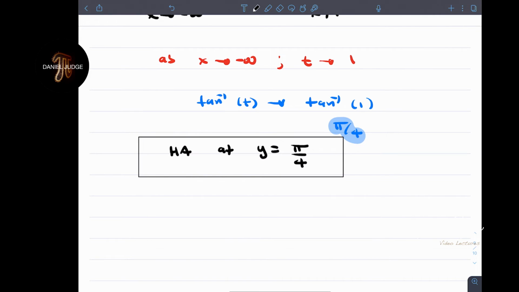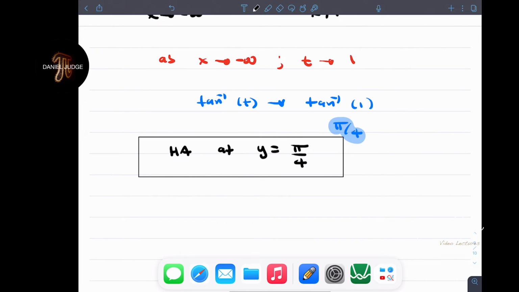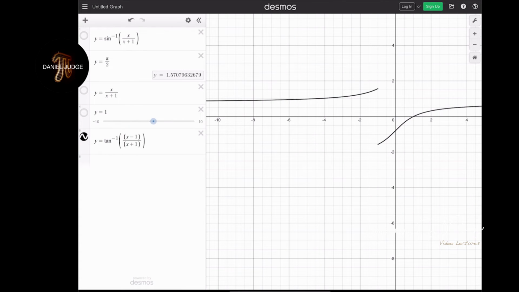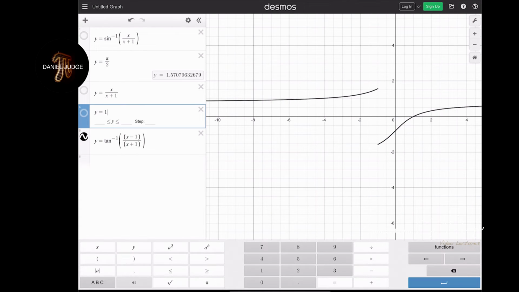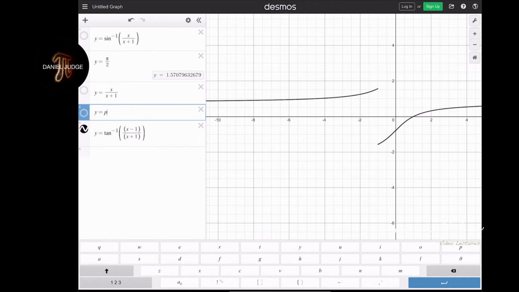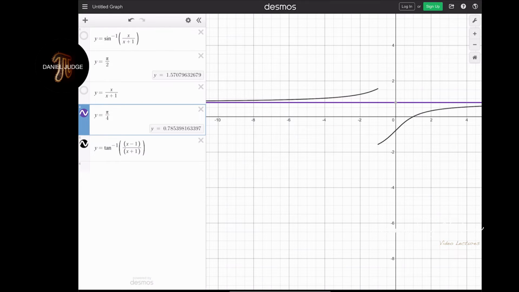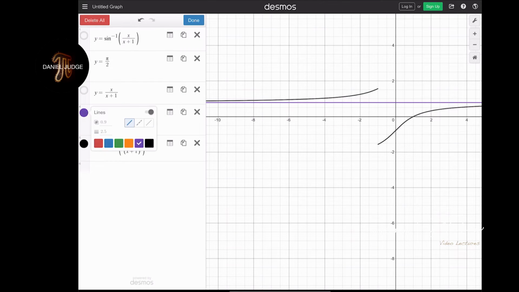So let's verify that with the graph in Desmos here. So I'm going to put here y equals pi over 4. And I want that to be dotted.